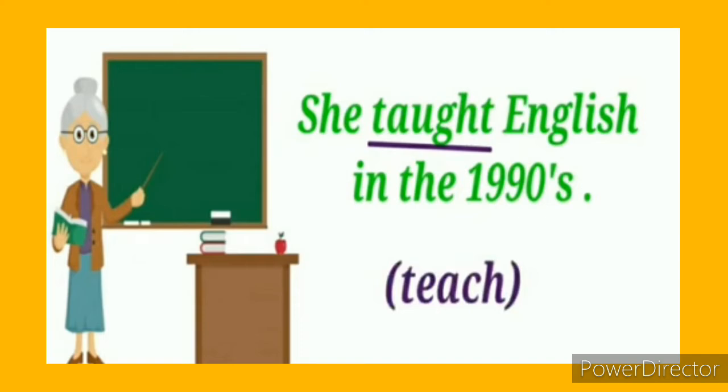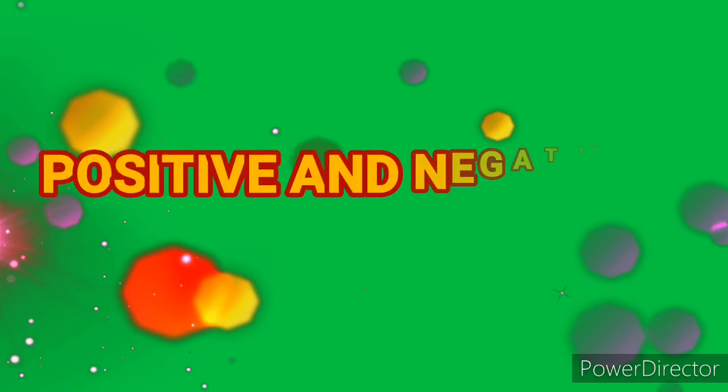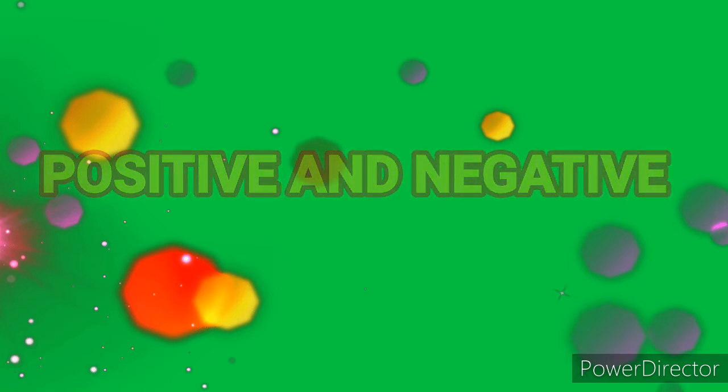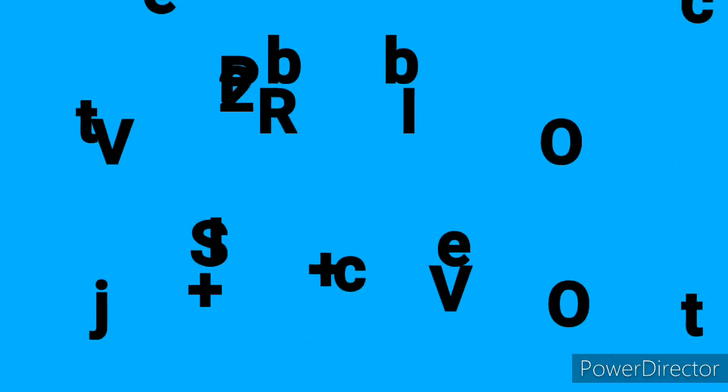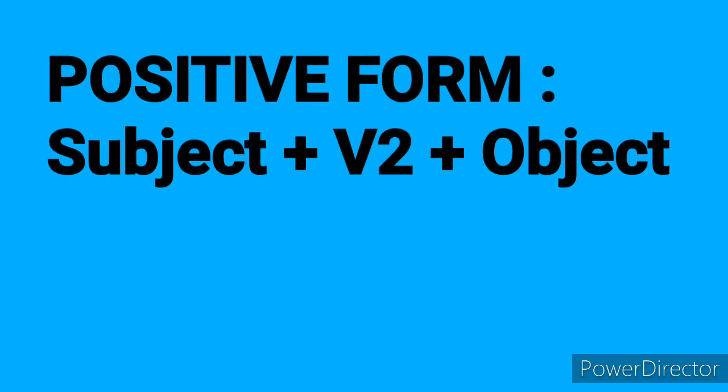Next, we will study the positive and negative form in simple past tense. First one, positive form. Subject plus V2 plus object. Here, V2 means the past form of the verb.